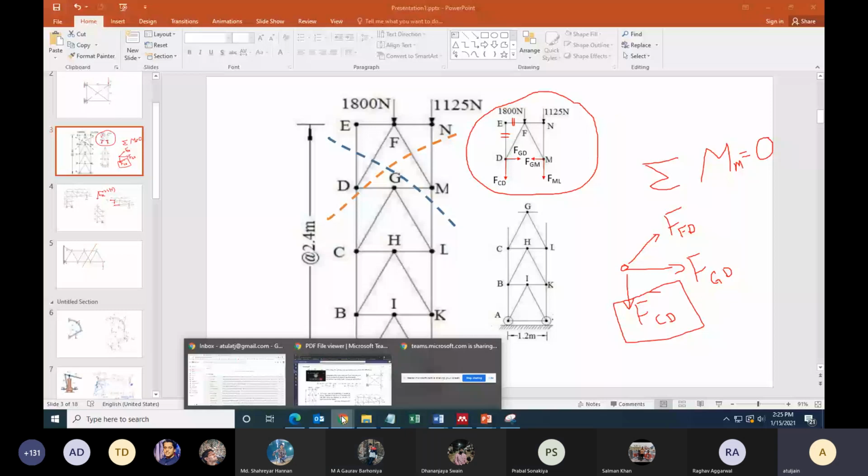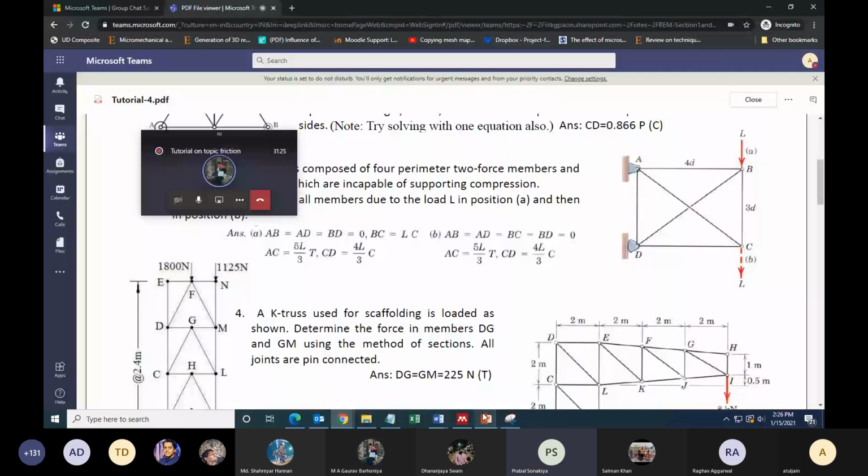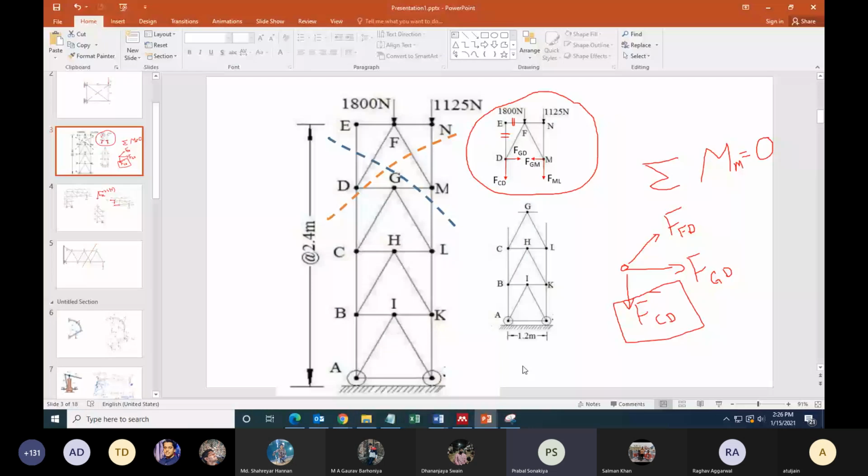Please tell me. Sir, for the section that you have encircled, the moment about every point was cancelled, because FDG and FGM were equal. I don't understand. So we took a section, making the section is clear, yes? If you could not do it, did you try other sections like the blue line and the yellow line?